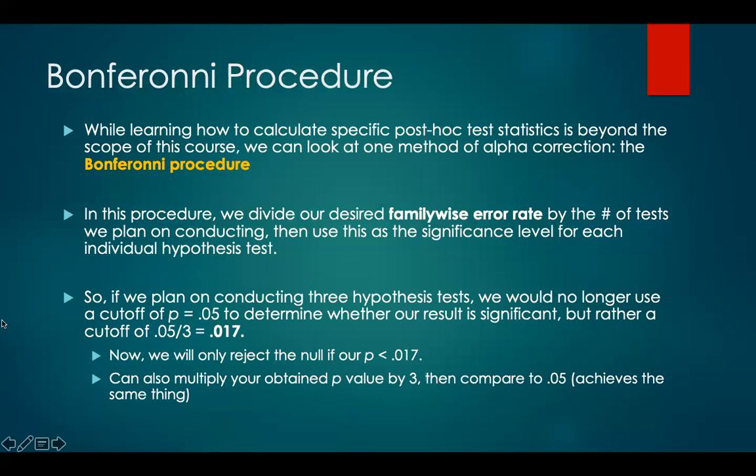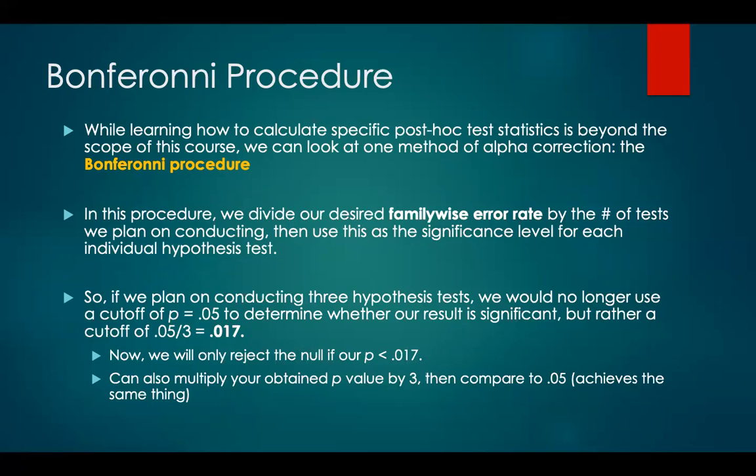Now, while learning how to conduct and calculate specific post hoc test statistics is beyond the scope of this course, we can look at one method of alpha correction, the Bonferroni procedure, which is probably the most commonly used in practice. In this procedure, we divide our desired family-wise error rate by the number of tests we plan on conducting, then use this as the significance level for each individual hypothesis test.